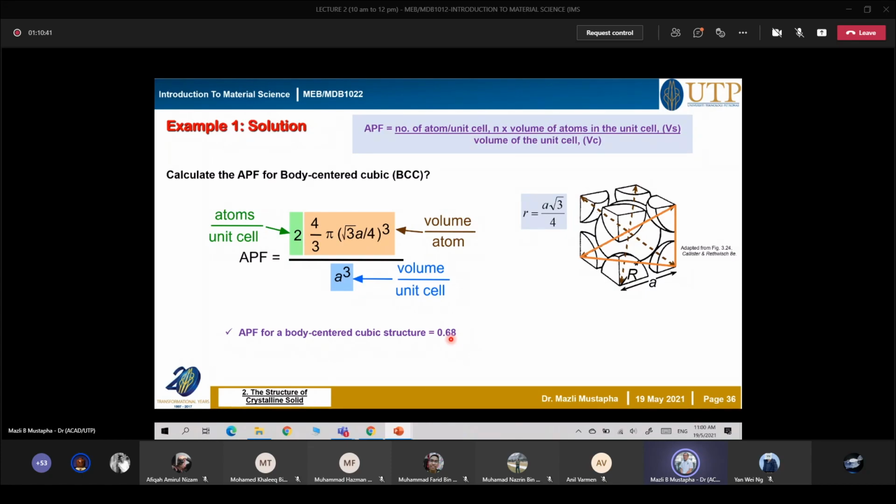But sometimes, due to the nature of the crystal structure, we cannot manipulate this, but we can add something, because there is always room or vacancy here. Later on in the chapter on diffusion, you will find there is a benefit of having this open gap, so that some impurity. Sometimes impurity is also good to strengthen our material. So the APF for the body center cubic is 0.68.